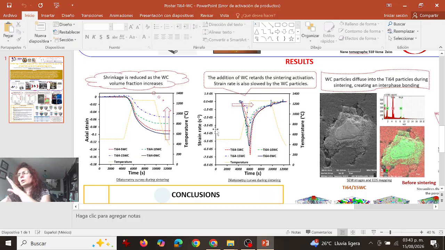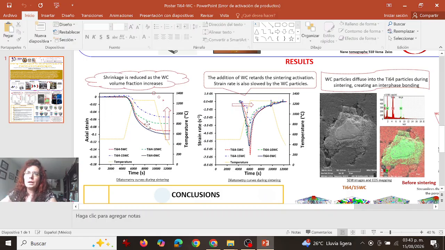The dilatometer is connected to a PC, and we can obtain this type of curves. This one is the actual strain versus time in seconds and temperature, and the other is the strain rate versus time and temperature. In both of them, we can observe different curves. In yellow, we have the temperature.